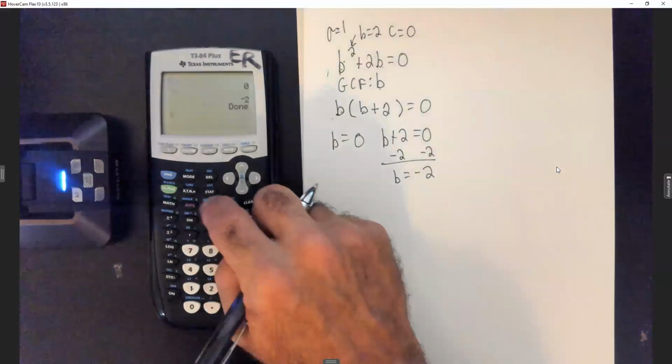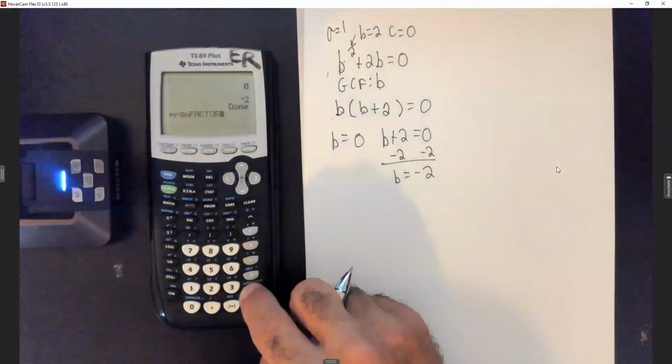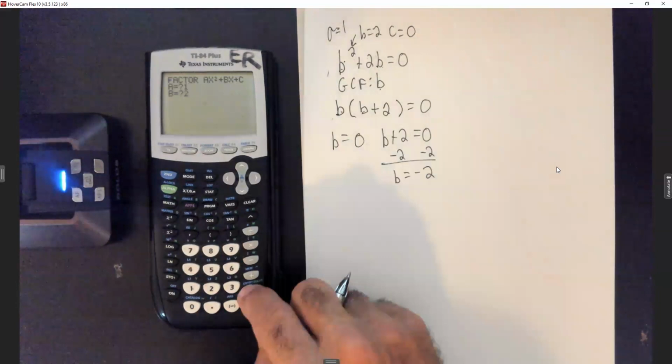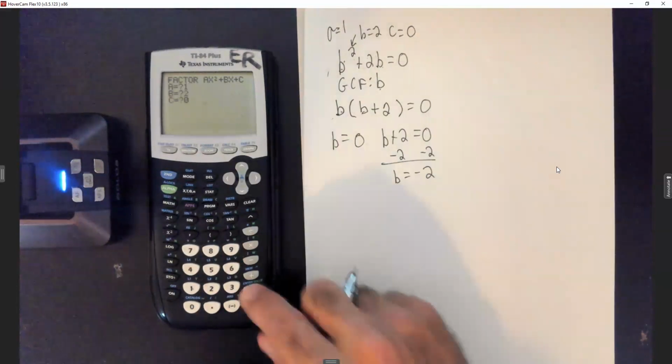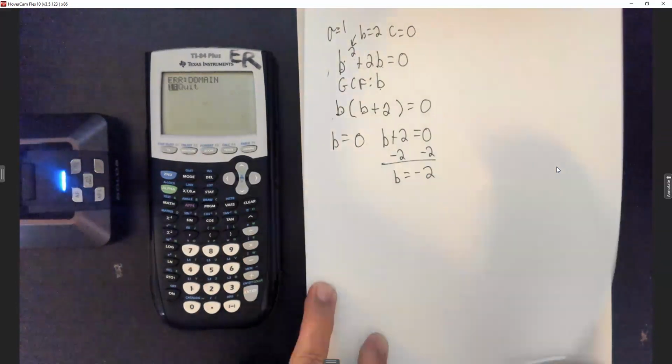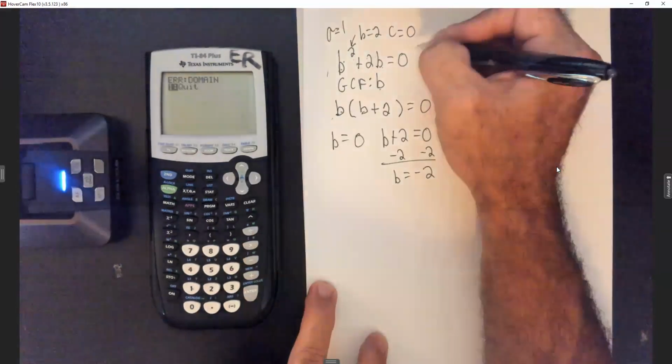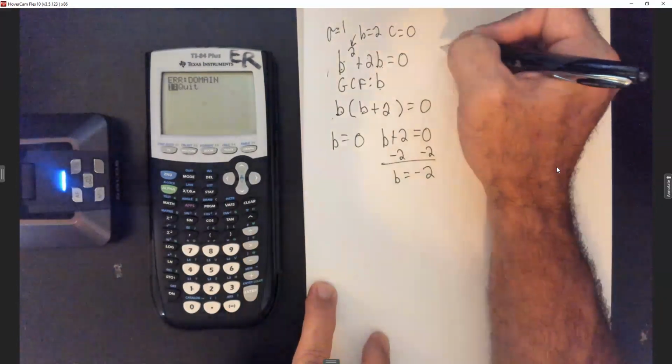Now let me see something. Let me see if this factor program will factor a binomial like that. A would have been 1, B was 2, and C was 0. So see it on the calculator, in order to use its program, you cannot have a 0 for the last number, okay?